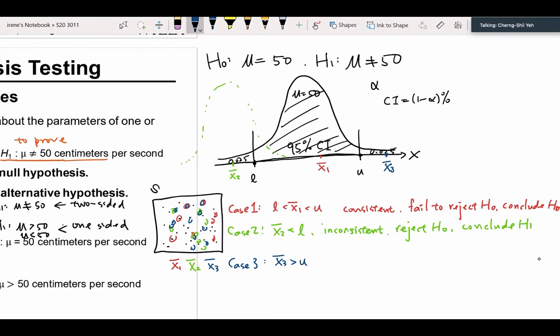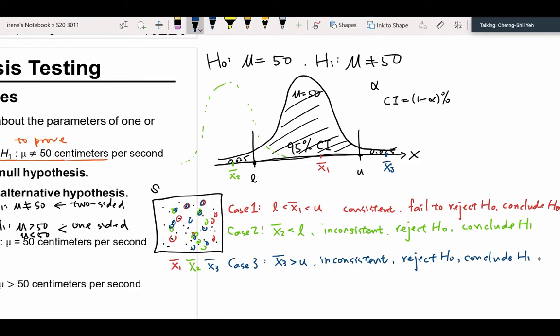It is outside the confidence interval, right? It's actually inconsistent. The information we collect from our sample is inconsistent with the confidence interval established in my H0. Since it's inconsistent, we reject the null hypothesis, and therefore we conclude H1. Case 2 and case 3 will lead to the same conclusion.